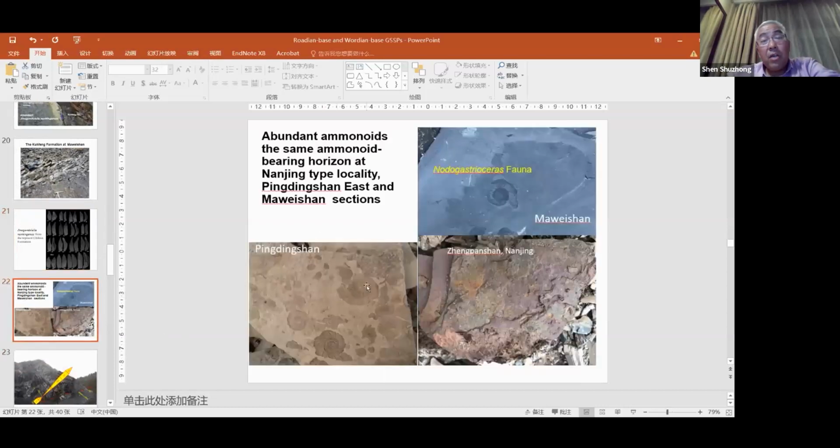And then there are very abundant ammonoids from the Kufeng Formation, and that ammonoid bed can be found in all three sections in Southeast China, including Pingdingshan, Zhengpanshan, and Maweishan.